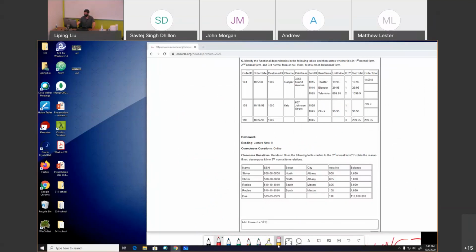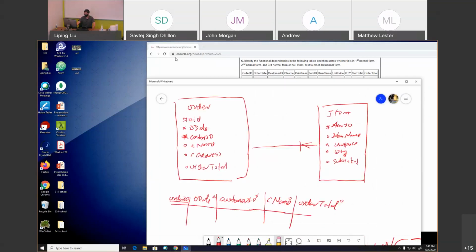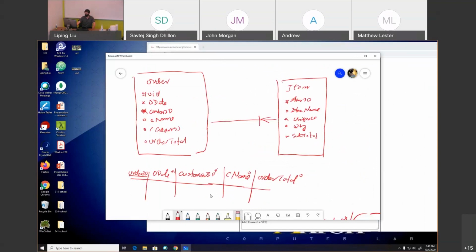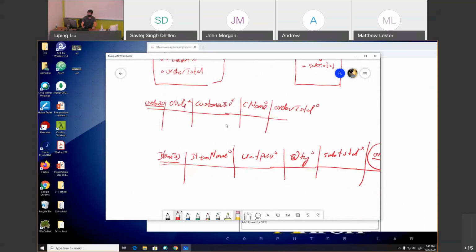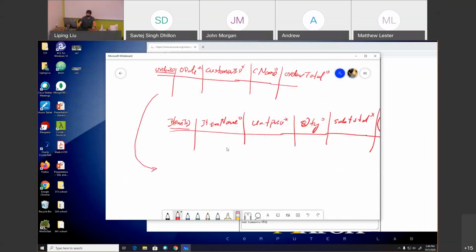To do that, you need to know the procedures, right? So first of all, what is the primary key for each table? For this table, maybe the primary key is auto ID.